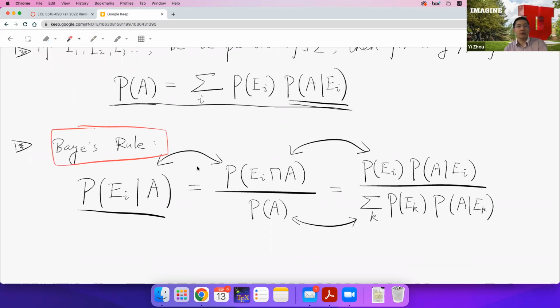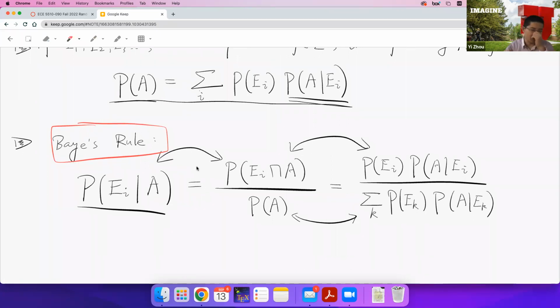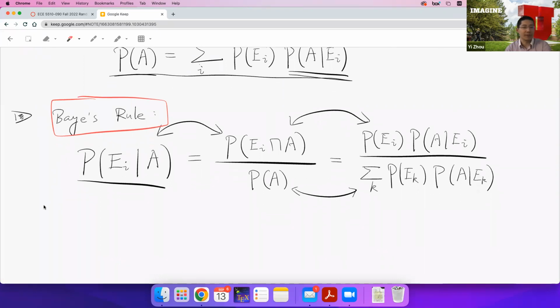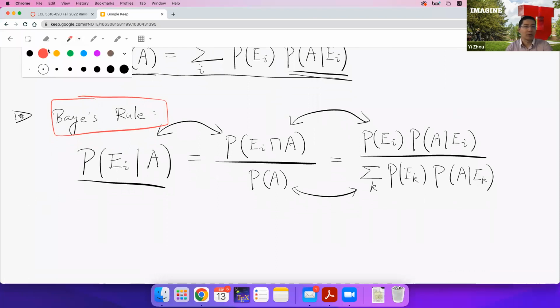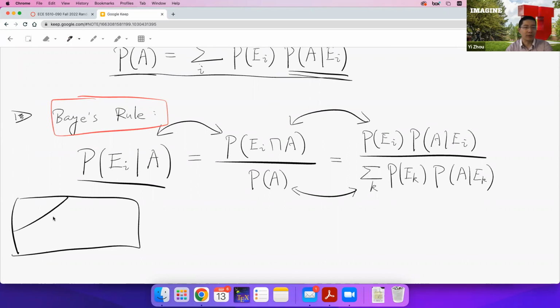Now, this rule builds a relation between this conditional probability, which talks about EI given A, where EI is the partition. So if we recall that partition figure, right, this EI forms a partition of the omega space, and then A is the event of interest.